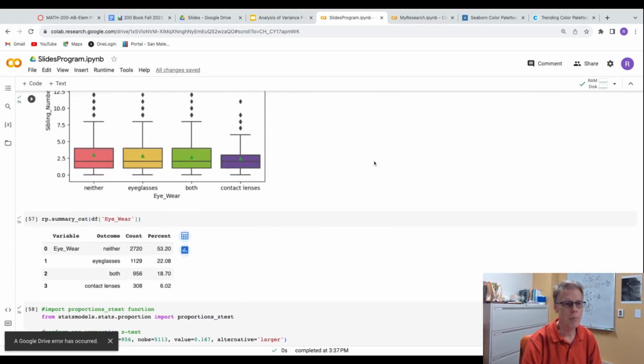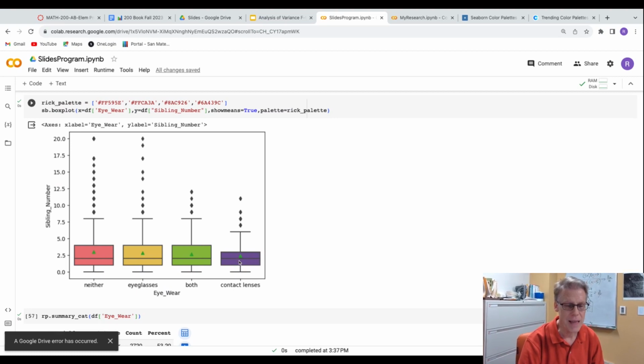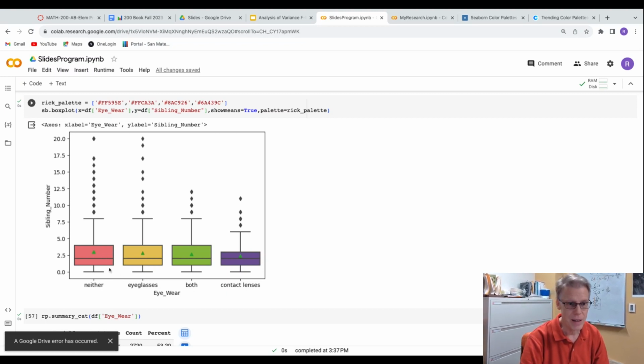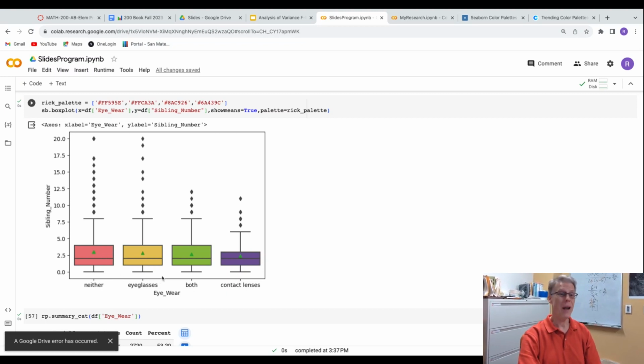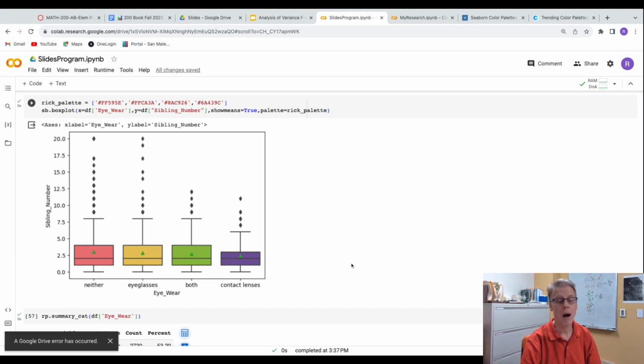Looking back up here, I was thinking that this contact lens mean was quite a bit lower than the neither mean, so I'm going to guess that these two are significantly different. But what else? Are there other pairs of categories that have significantly different means? That's what we're going to figure out now in what's called a post hoc test.